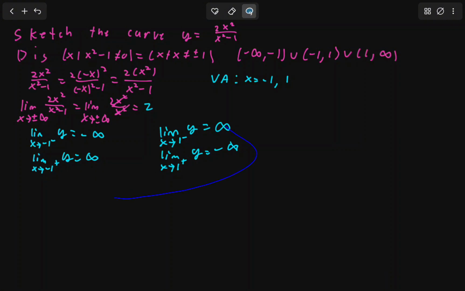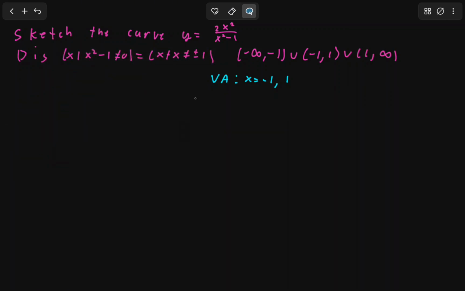Maybe clear up a small bit of this work so we have more space, making sure to keep all of our important information. Alright. Then we have to find where it's increasing or decreasing. So this requires us to take the derivative.